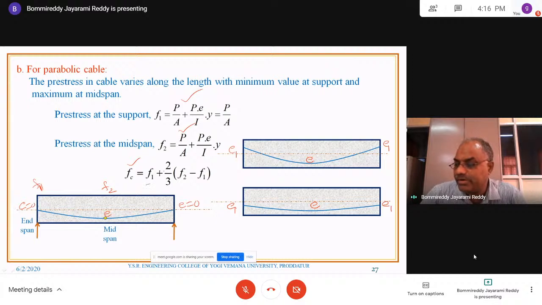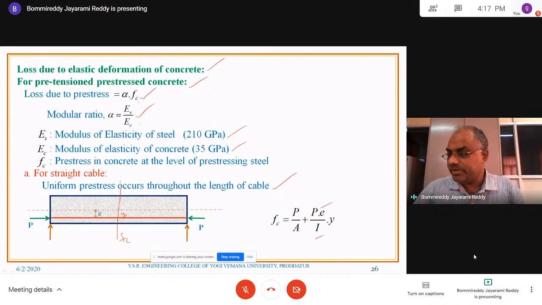So FC equals F1 plus 2/3 of (F2 minus F1). FC is the stress at the end plus 2/3 of the difference. That is the FC value. Once this FC value is known, the loss of pre-stress is alpha multiplied by FC.